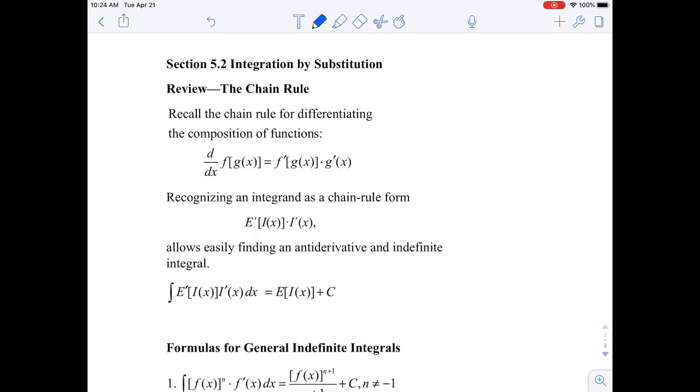Okay, section 5.2 is a big section, integration by substitution. We need to just recall the chain rule: you take the derivative of the function and then the derivative of what's inside.